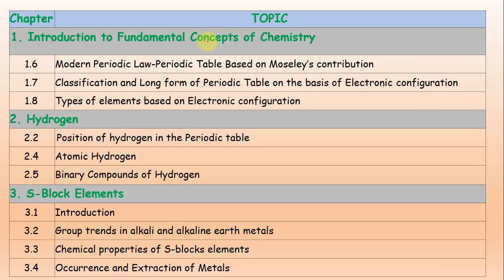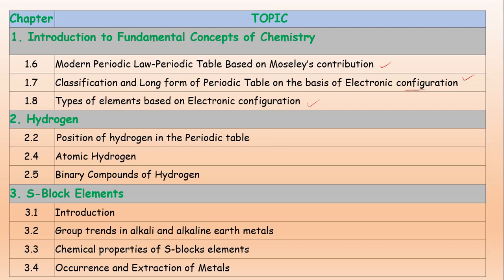Chapter number 1 is related to the periodic table. Only we will discuss the modern periodic table based on Moseley's contribution. This will be the main topic. Then classification and long form of the periodic table on the basis of electronic configuration, and the last one, types of elements based on the electronic configuration.